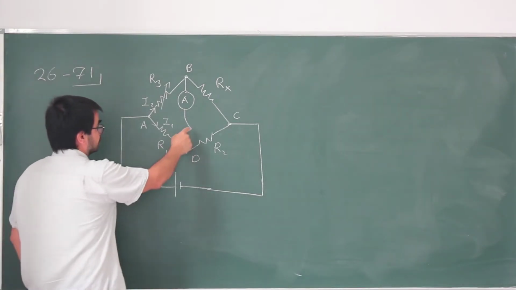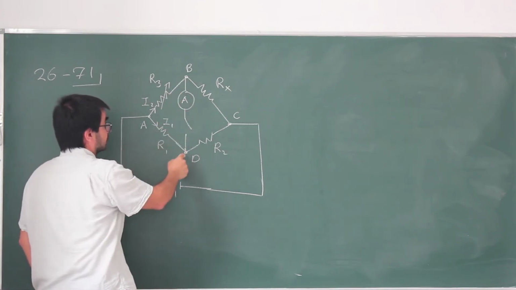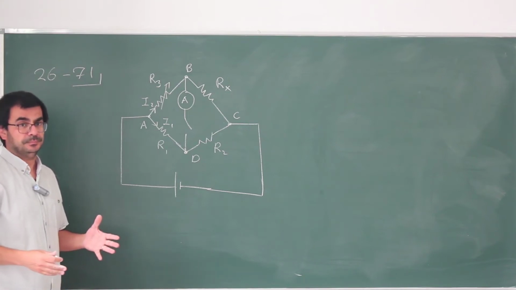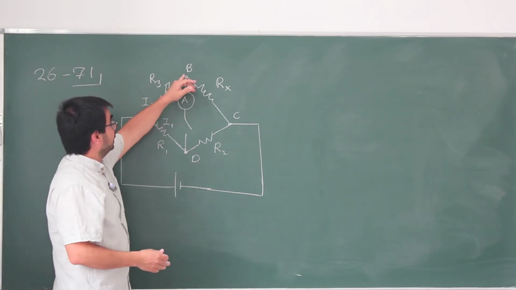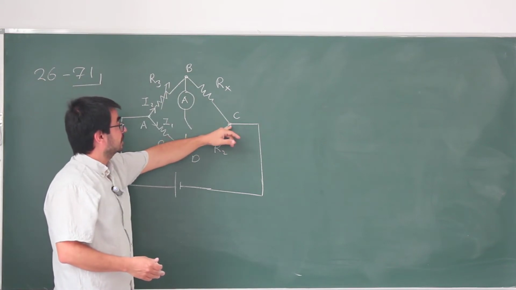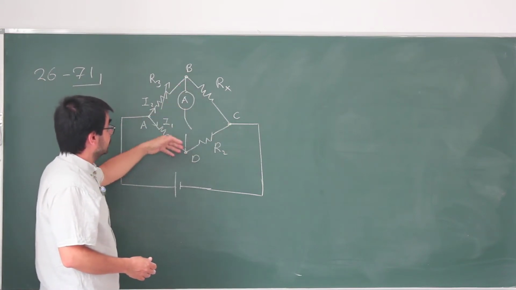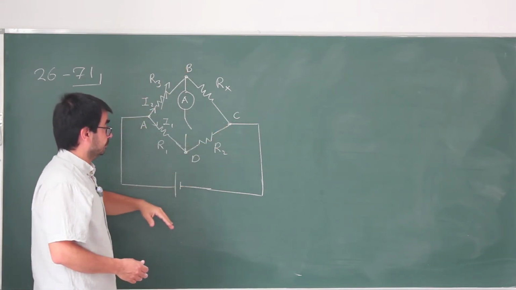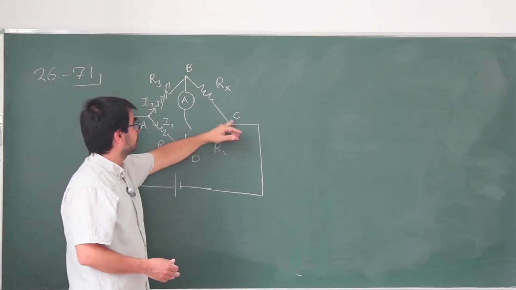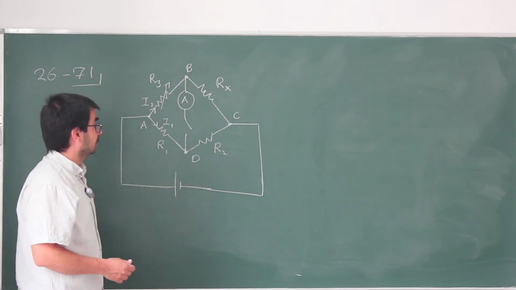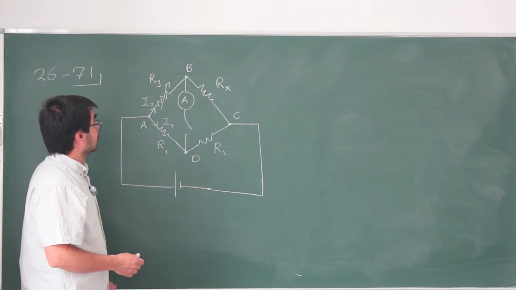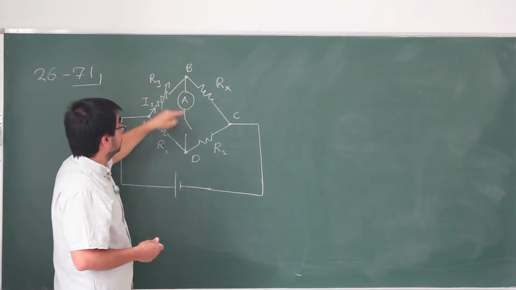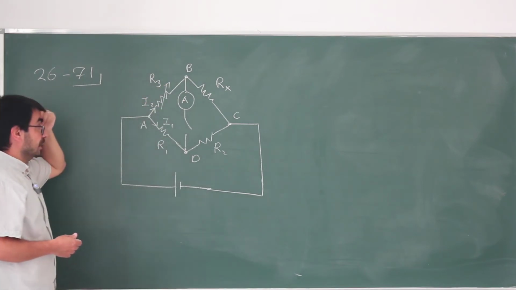Now, when we close this, if no current is passing from B to D, then it means that B and D are at the same potential, right? So if B and D are at the same potential, whereas C is at a higher potential than B and D, then any charges arriving over here are not going to move over there, but they're instead going to move over this resistor to C and over this resistor to C. Okay, so this condition saying that I read no current over this ammeter is equivalent to saying that B and D are at the same potential.